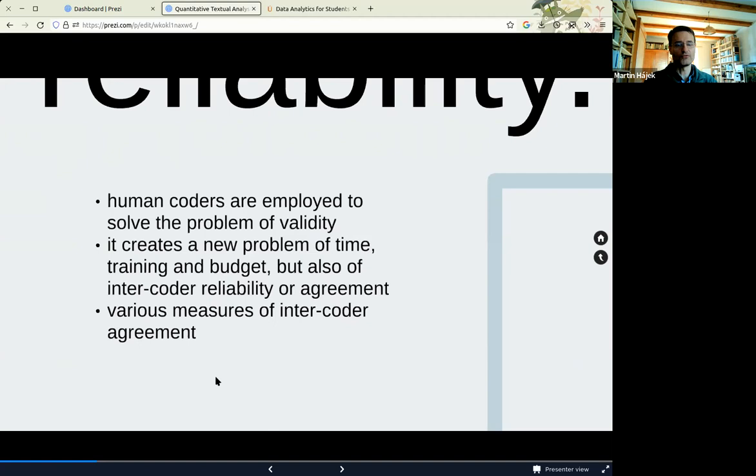So that was the problem of validity, that when you code, you can lose part of the information, or you can create an artifact. The second problem related to coding is the problem of intercoder reliability. It was believed that human coders can solve the problem of validity, that if you train coders, people, they can read text and they can check the automatic coding, or they can code it.